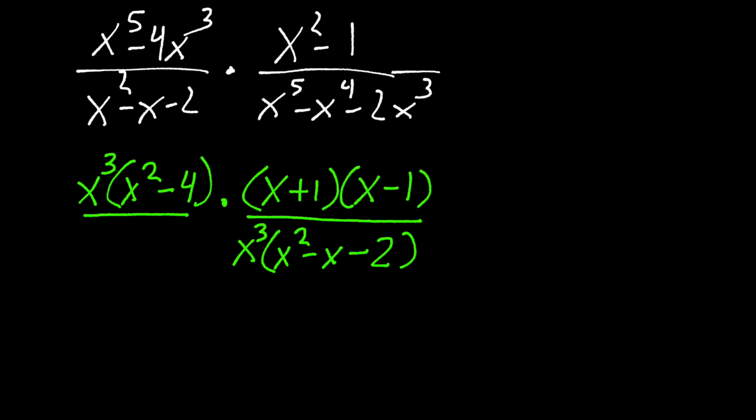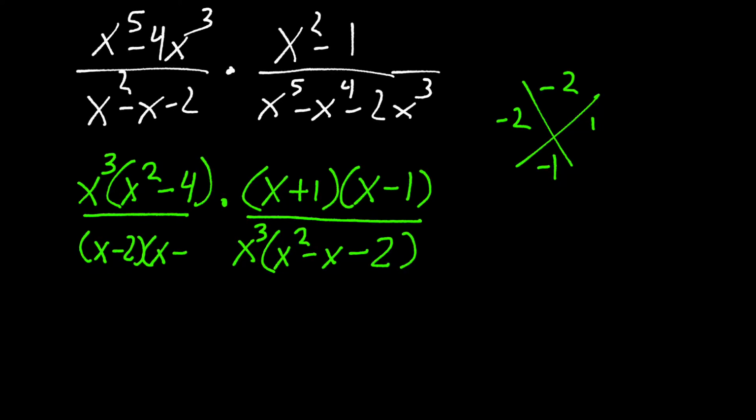And then on the bottom over here, I've got x squared minus x minus 2. Here I do have to do the diamond method. And we would have a negative 2 on top, a negative 1 down below. That's going to be negative 2 times 1. To get those all to work out together, so x minus 2, x plus 1.